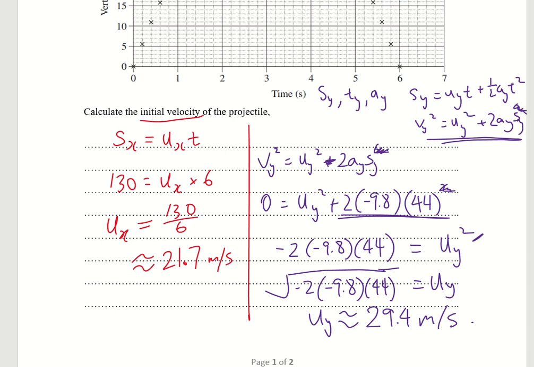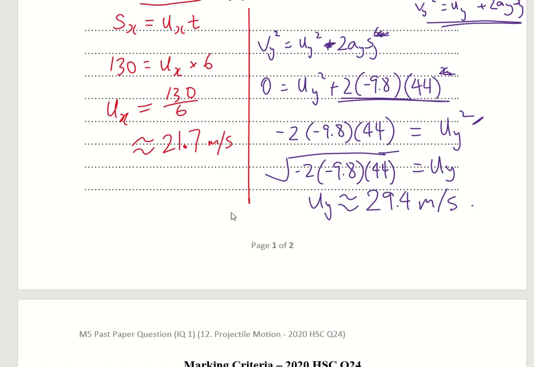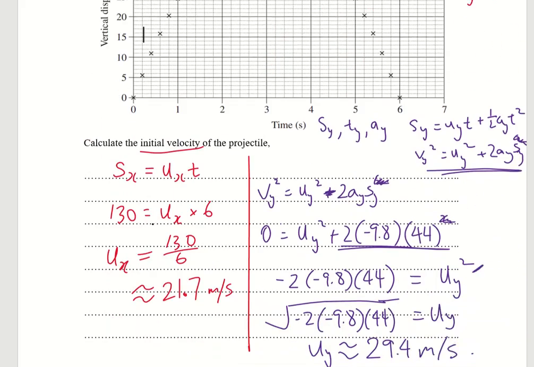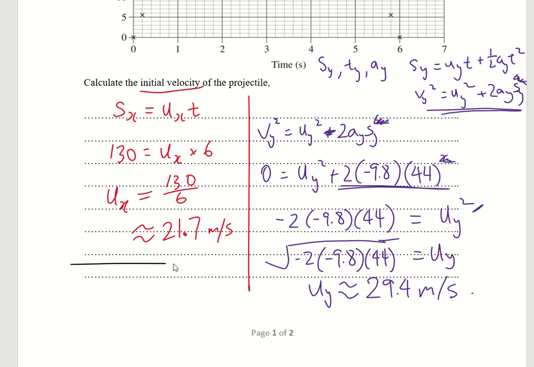What I need to do now is to solve for these two vectors to find the resultant. I've kind of run out of space, but I'm just going to use this little bit here to work it out. The current scenario is we're trying to find the resultant. We already know what ux is, and we already know what uy is.